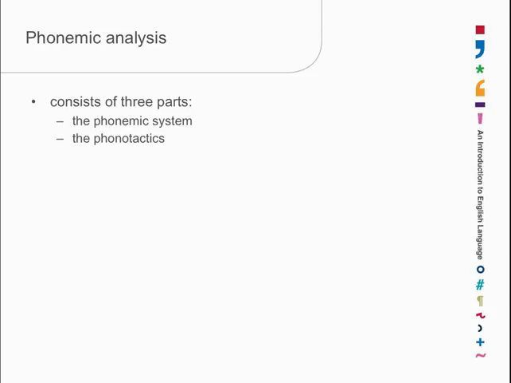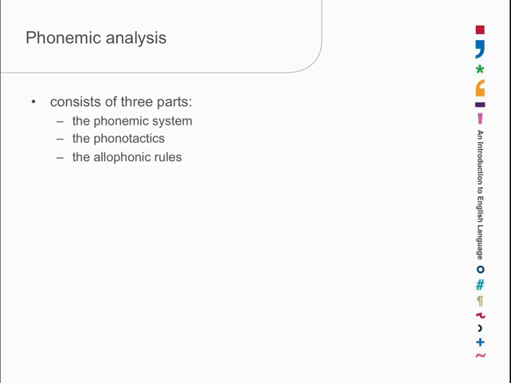Then we have to look at the phonotactics of the language, namely, which phoneme is allowed next to which other phoneme. What are the sequence constraints for phonemes in a language? And lastly, we have to look at the allophonic rules, the ways in which a phoneme will be realized as different allophones in different contexts.